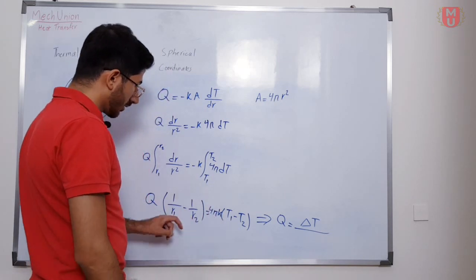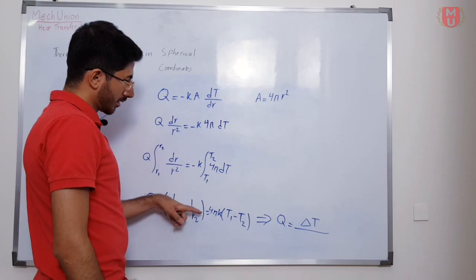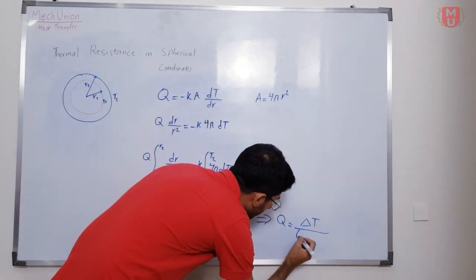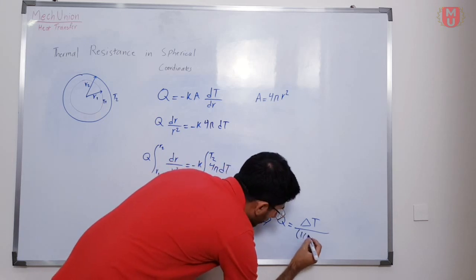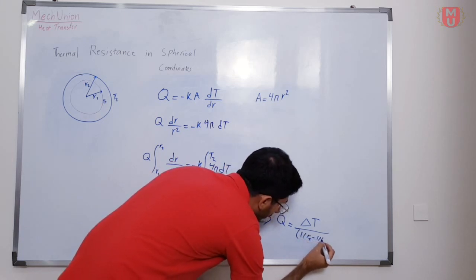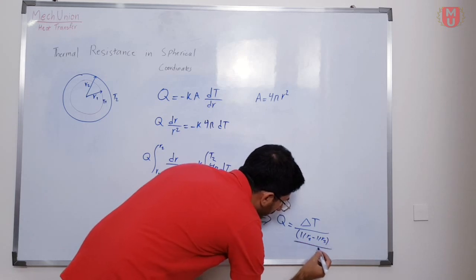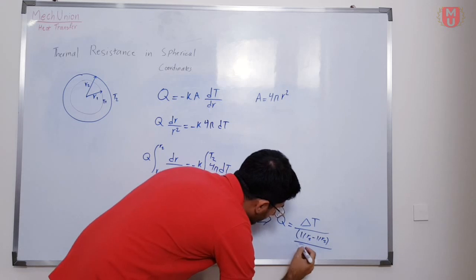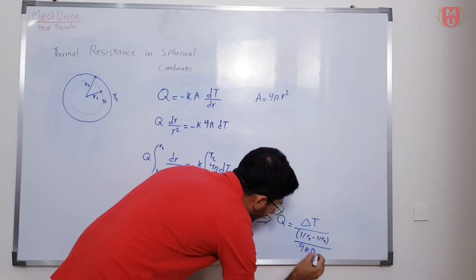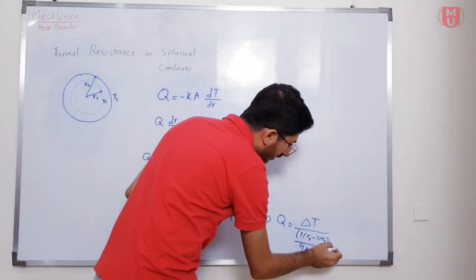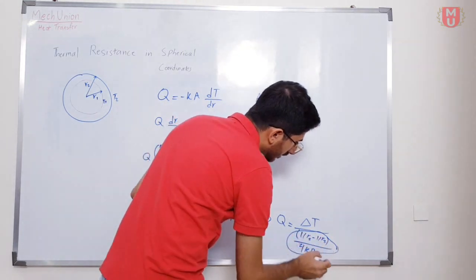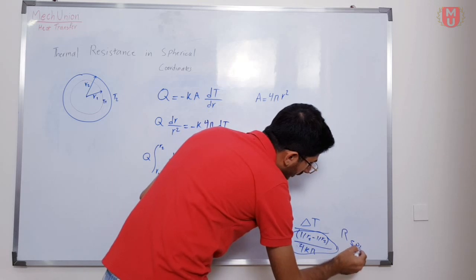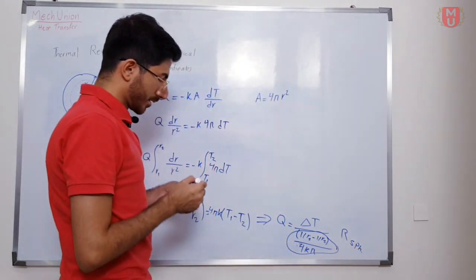Okay, delta T comes in the numerator, 1 over r1 minus 1 over r2 over 4 pi k. Again, by comparison to our original formula, this will be the resistance of spherical coordinate.